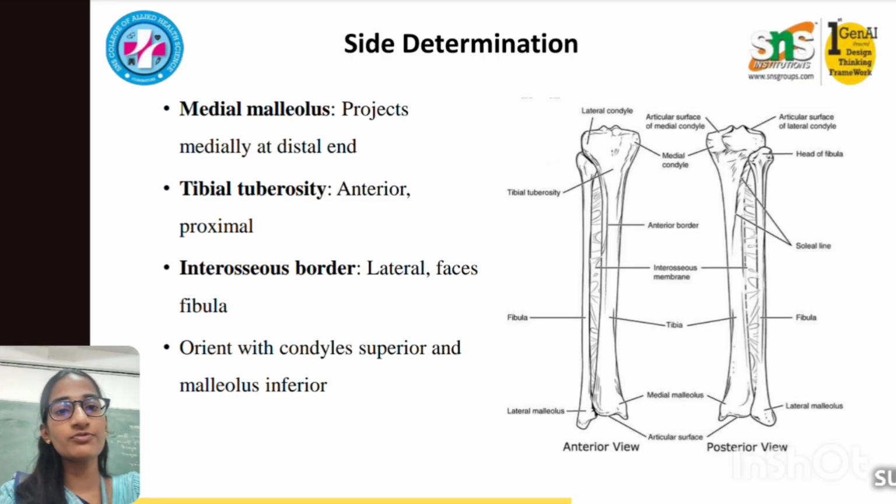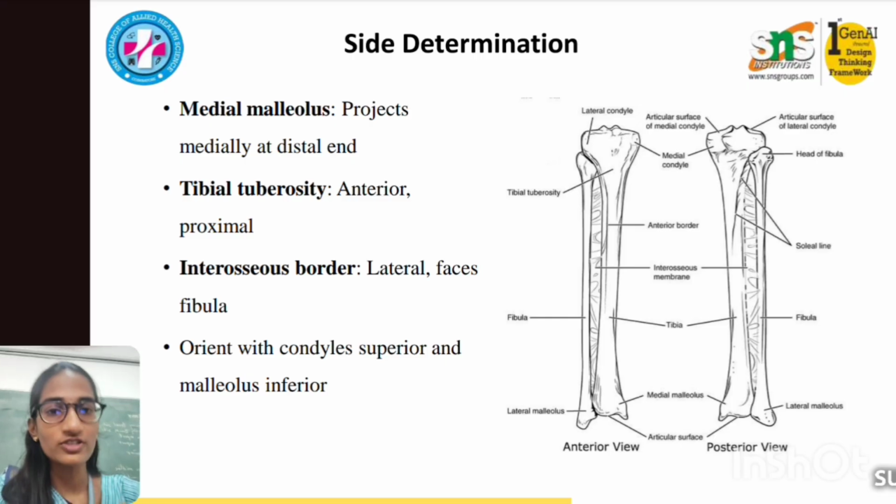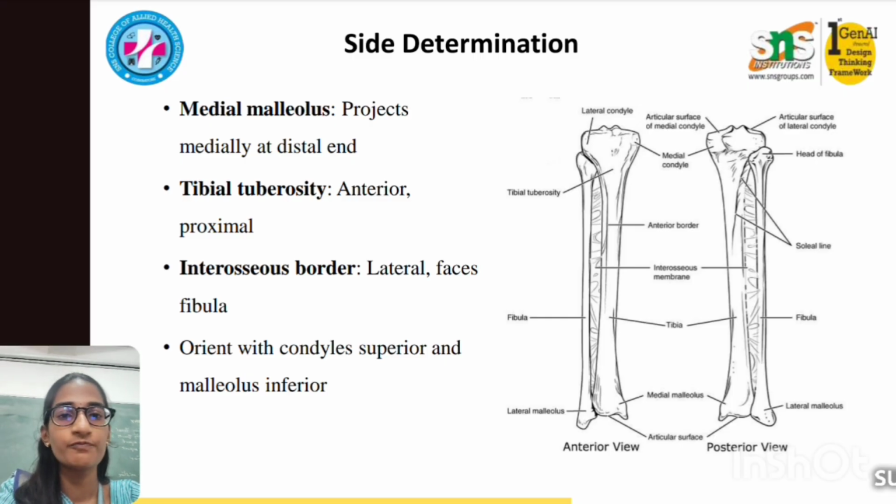It orients with the condyles superior and the malleolus inferior. So these are the four main points to determine the side of the tibia: medial malleolus, tibial tuberosity, interosseous border, and the condyles on the superior aspect and the malleolus on the inferior aspect.